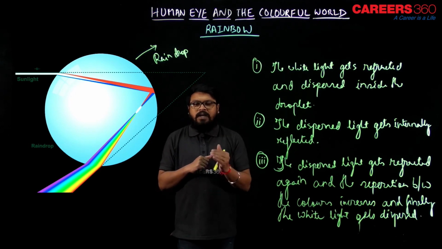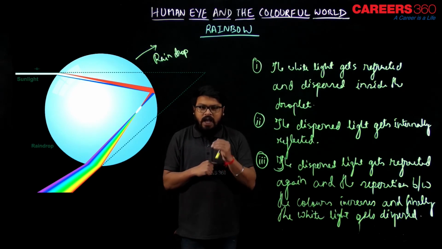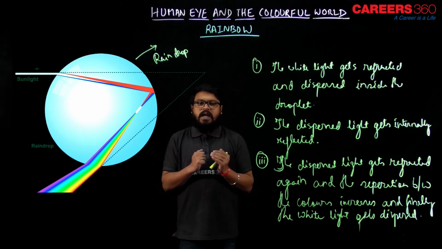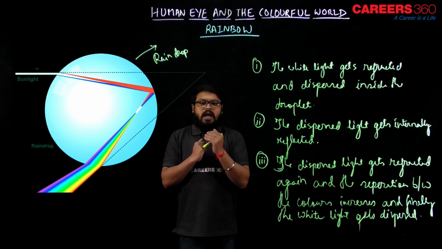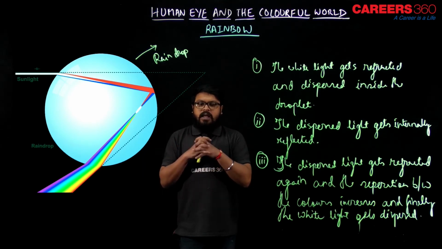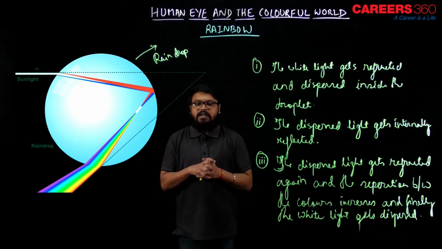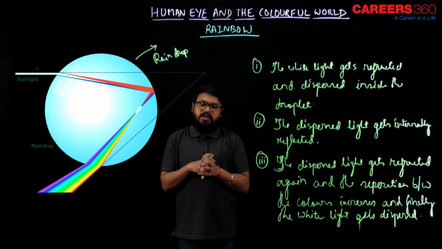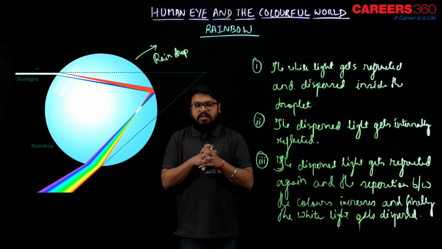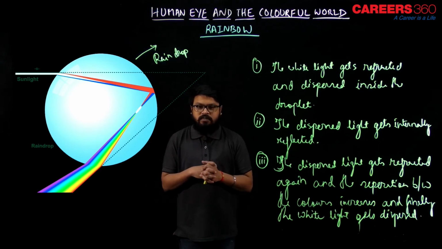First, the white light gets refracted and dispersed inside the droplet, and then the dispersed light gets internally reflected, and the third step is the dispersed light gets refracted again, and the separation between the colors increases, and finally the white light gets dispersed into 7 different colors, which we call a spectrum, right.